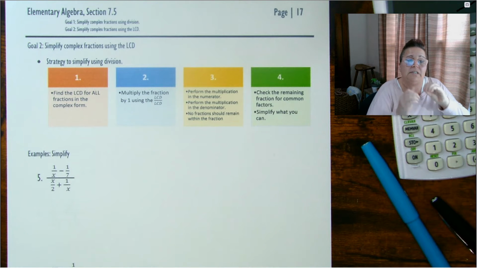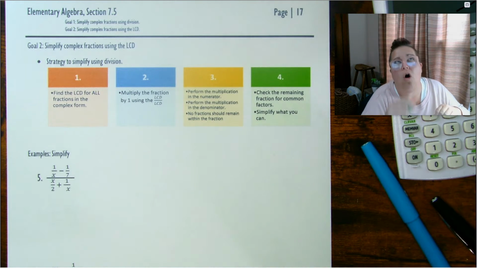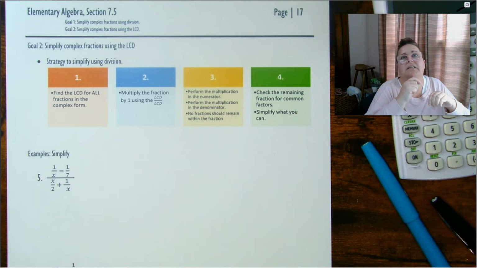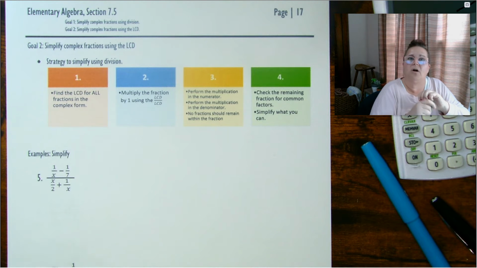So first thing we're going to do is look at the complex fraction, and find the lowest common denominator for all of the fractions, for the entire complex form. So if we include all of the little denominators in here, what is your lowest common denominator? We're going to multiply the top and the bottom of your largest fraction by that LCD, because the lowest common denominator over itself is a representation of 1.